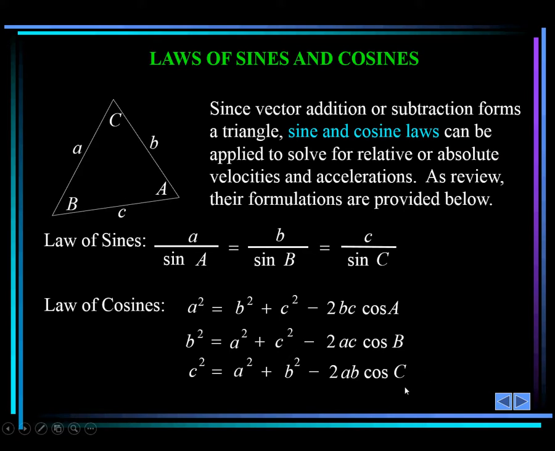Always remember the cosine term is the angle between the two sides, like A and B. This would be C; A and C is B, and C and B is A. Right? So far so good. Those are the two laws that we use. A lot of times in accident reconstruction, you might draw the vectors to scale and use this method to find the unknowns.